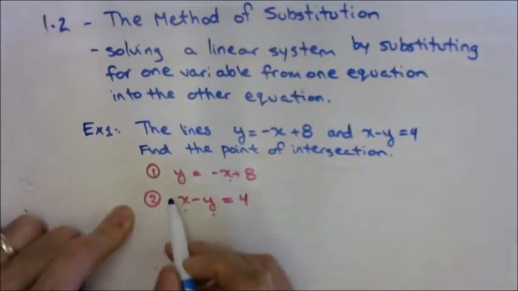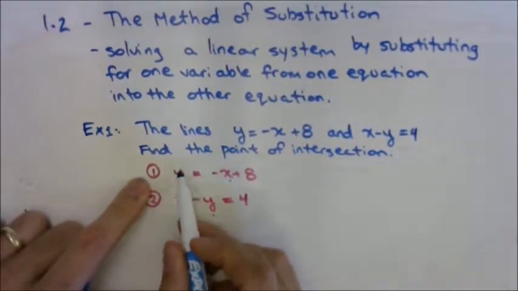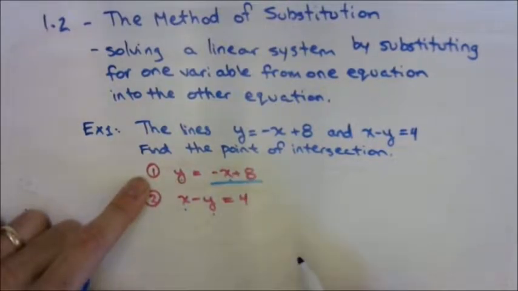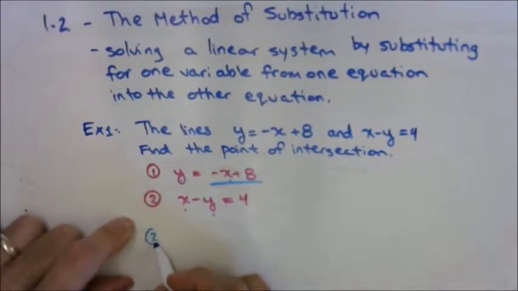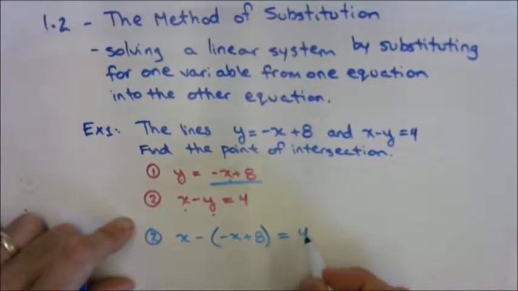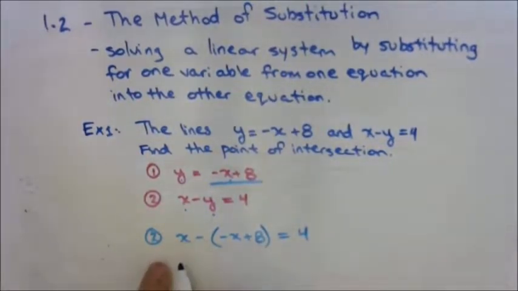So what I can do is take this y from equation 1, and since it equals negative x plus 8, I can actually just sub it right into equation 2. I haven't changed anything else about equation 2.